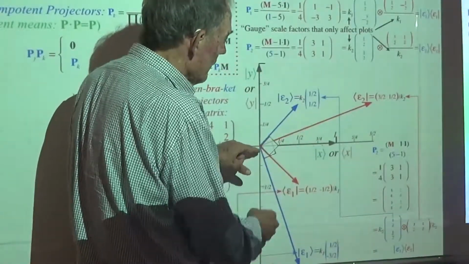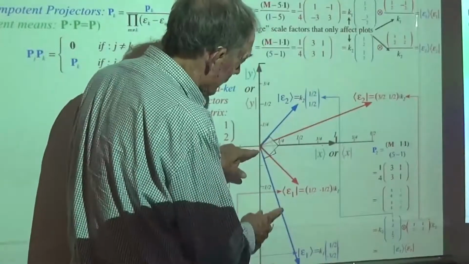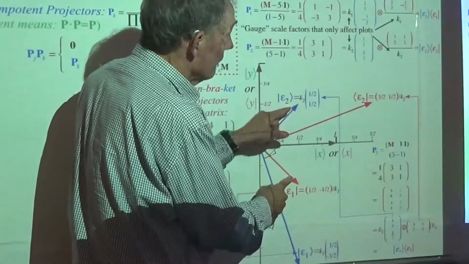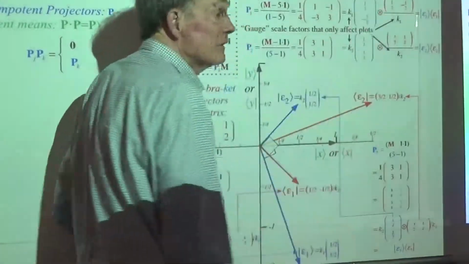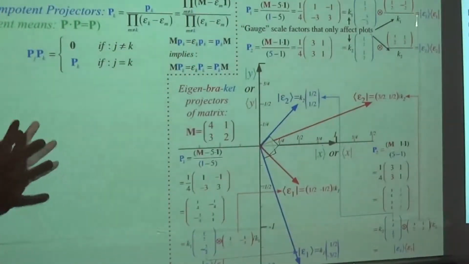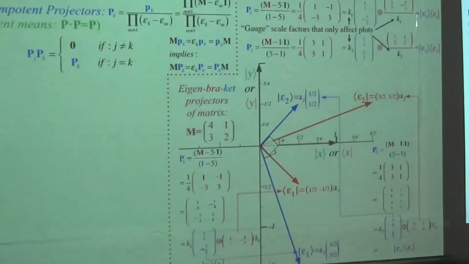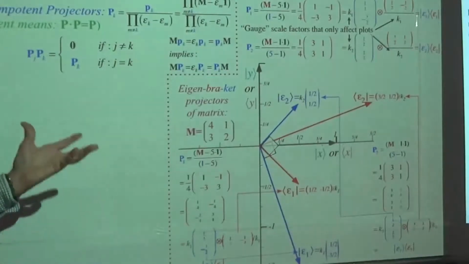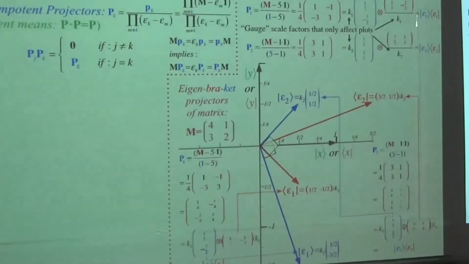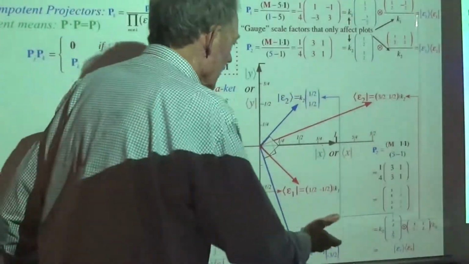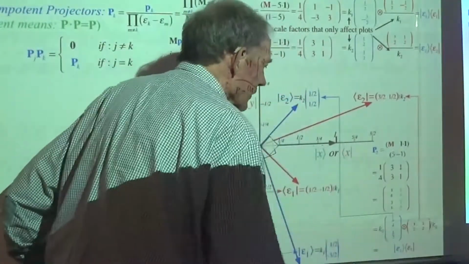Okay? But this one is orthogonal to this one, nice big square right there, and this one is orthogonal to that one. That's because of this. So we've got a dual space that's mutually orthonormal. Presto, right? That's the magic of dealing skillfully with the projectors, which I rewrite the actual product that makes the matrix.